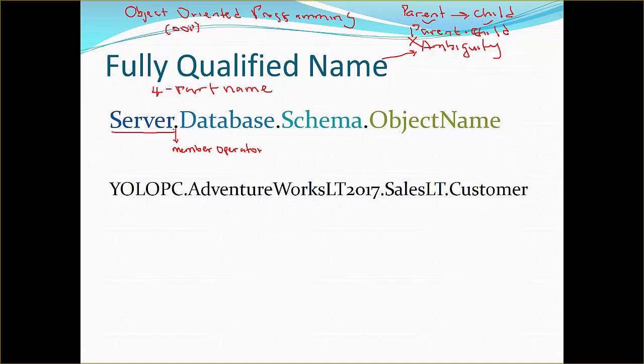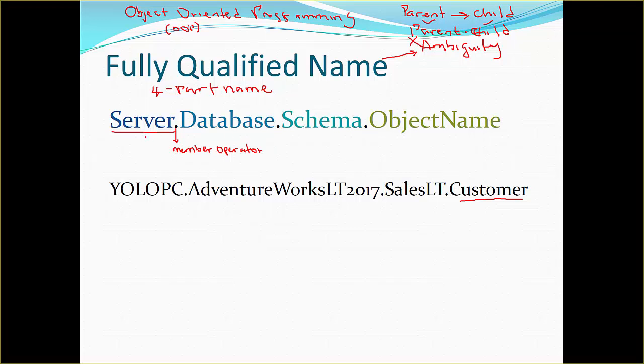So if you start with server dot database dot schema dot object name, that is the four-part name, which is the fully qualified name of any object on the database server. Let's say we have a server called YOLO PC, and on that server we want to refer to the customer table. Remember, the four-part name is server.database.schema.object name.